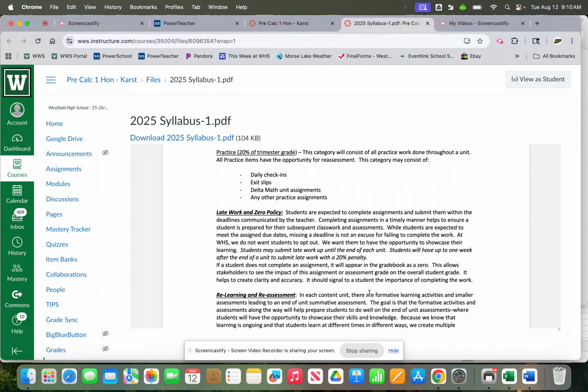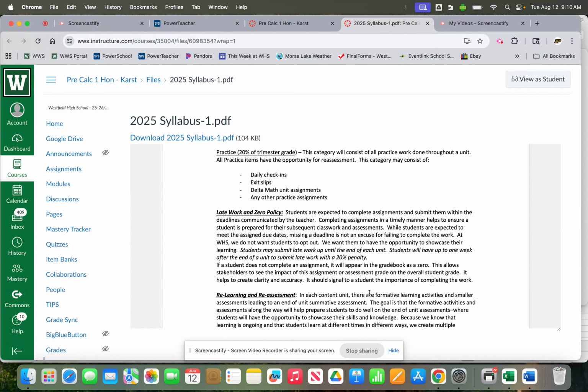After that, everything but the test will have a week deadline, so they can take check-ins, quizzes, those type of things for the next week with a 20% penalty on that. The test, they'll actually have until the next test to take that. After that, then again, a week with a 20% penalty within that week after that following assessment.